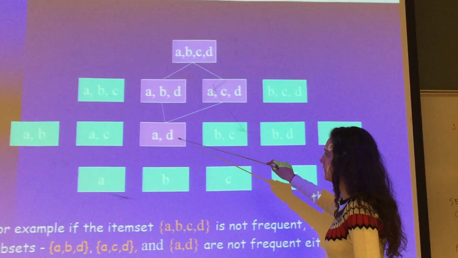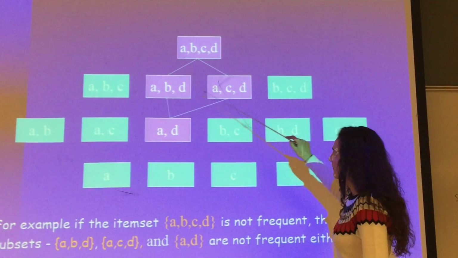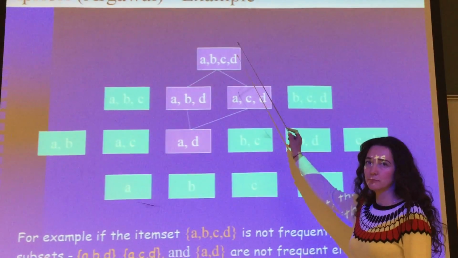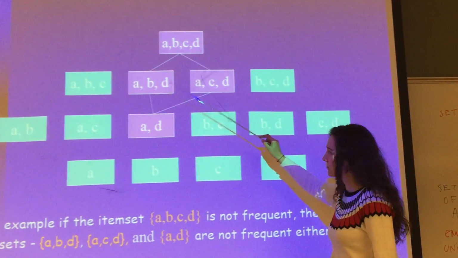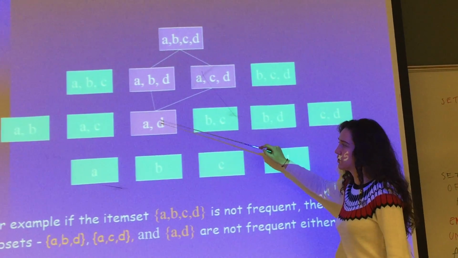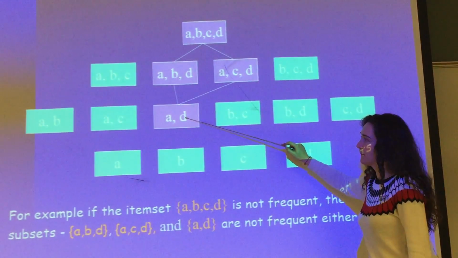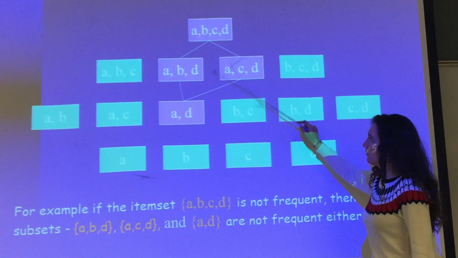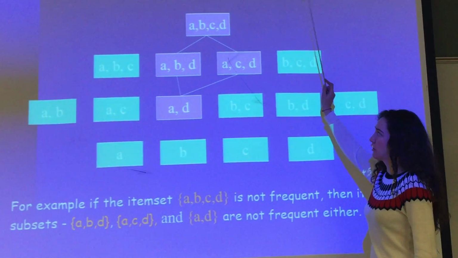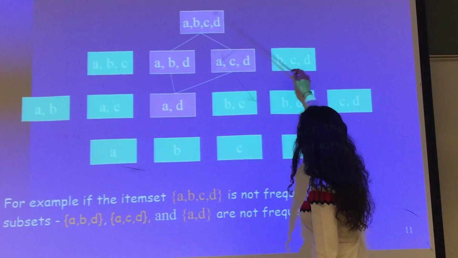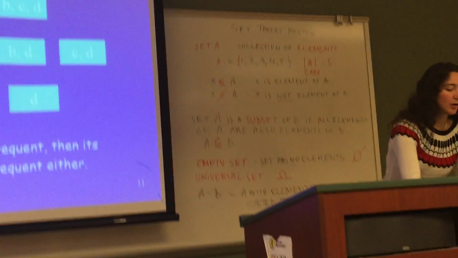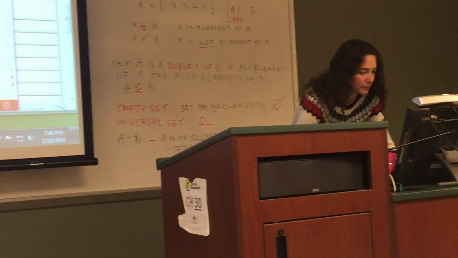Not only do we remove it, but any of its subsets also will get removed. Because if the most general set is not frequent enough, the less general ones produced out of it also are not frequent, so that whole purple part will be removed from the analysis, according to this algorithm.